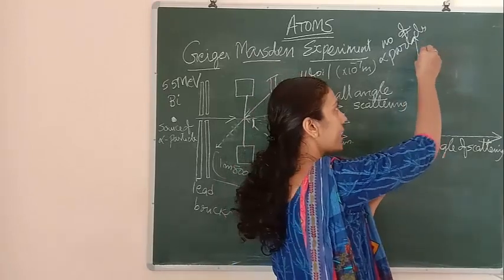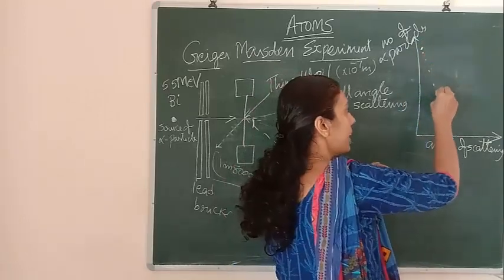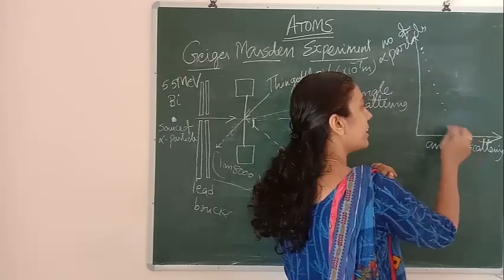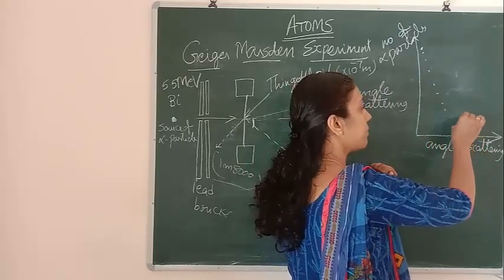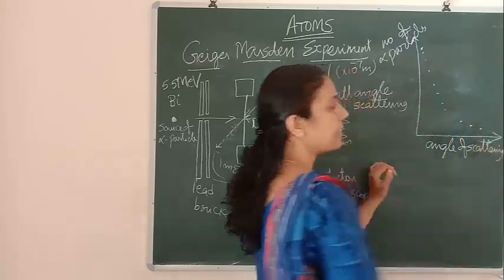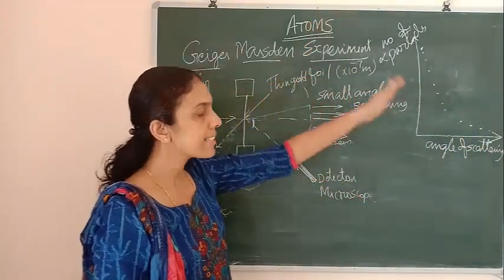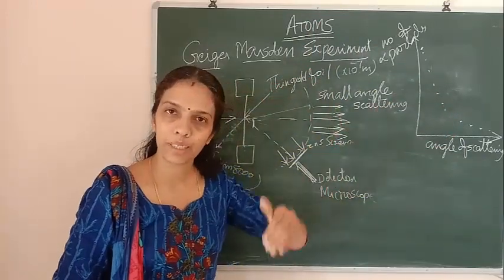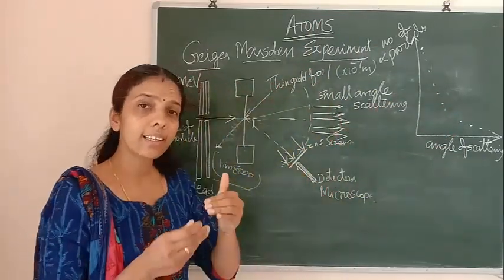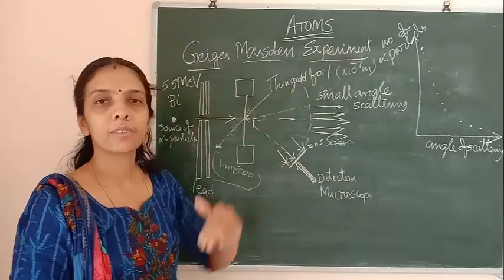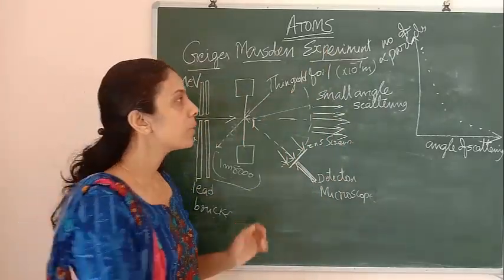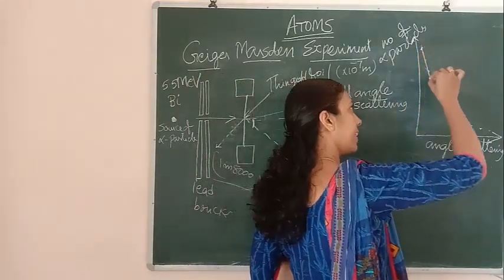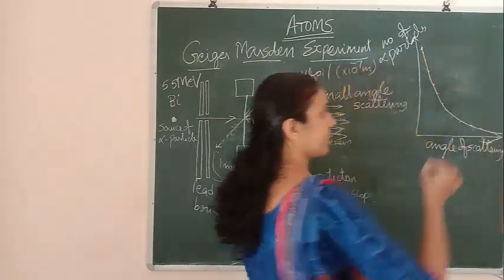As the angle increases, the number of particles emitted will be less. If the angle decreases, the number of particles scattered will be more. So they got points like this, connected them together, and it looked like this.